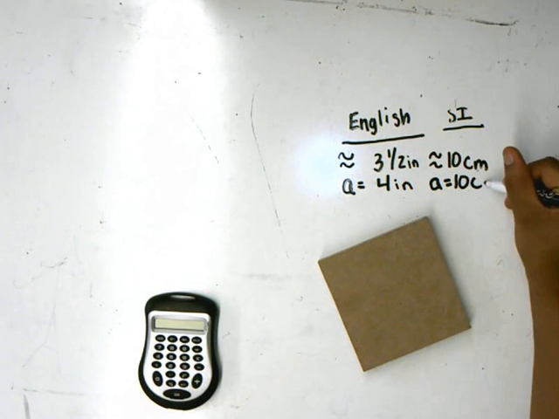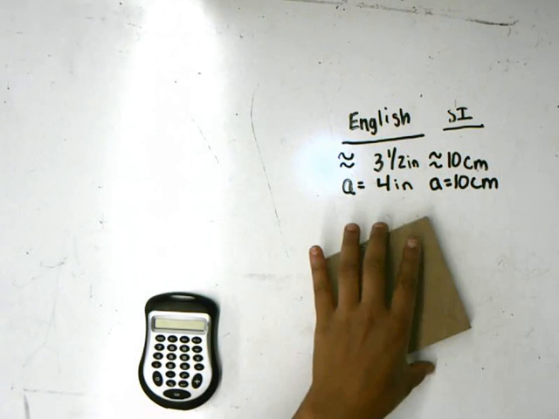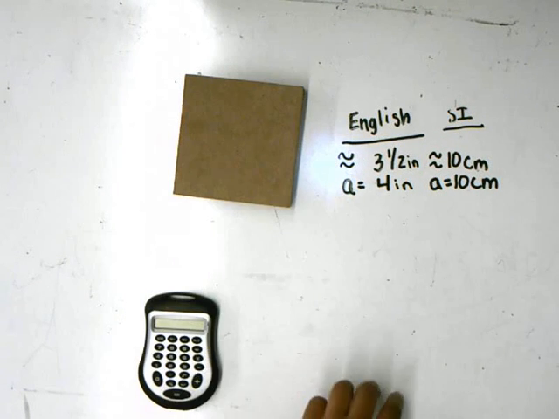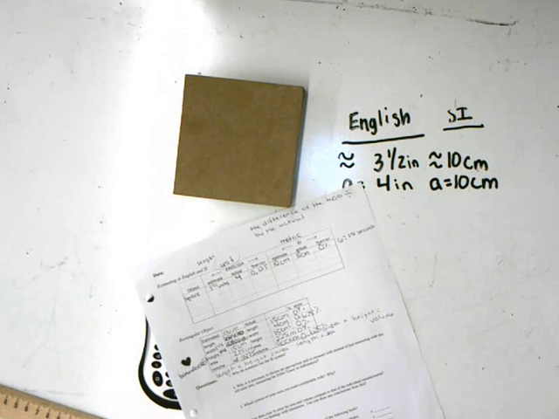So now the next step is going to be finding the uncertainty of the object.